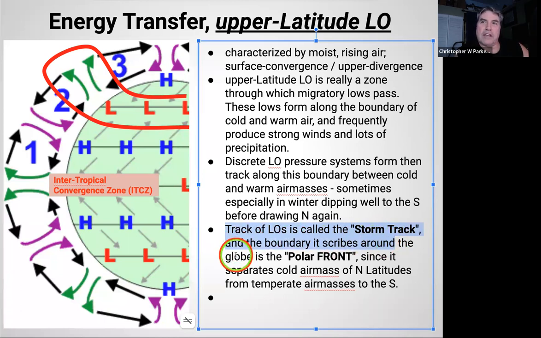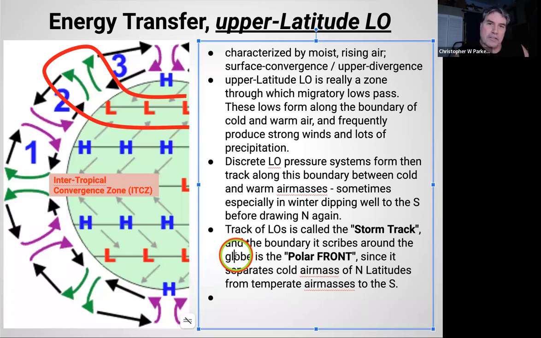And they tend to follow one another at a similar latitude. Sometimes one low will be further north than the previous or further south than the previous, but areas of low pressure and cold fronts tend to train along a similar area, one following another. And the storm track is the track of low pressure systems.